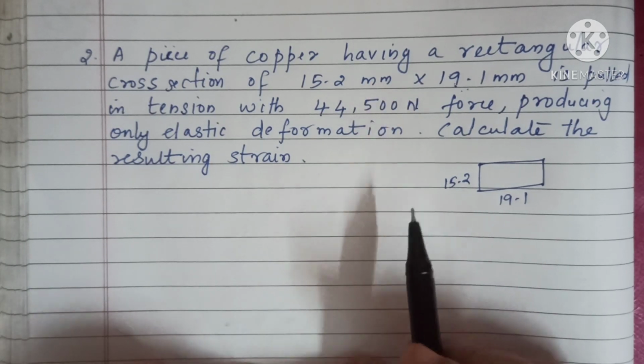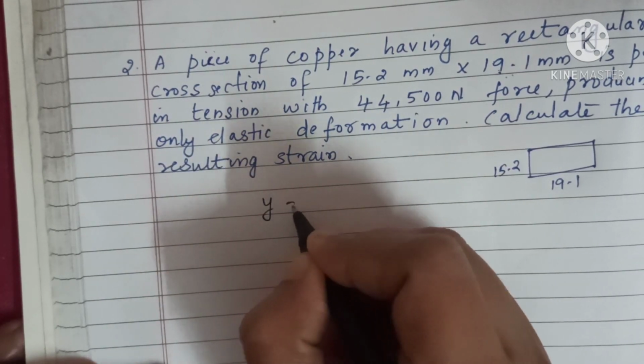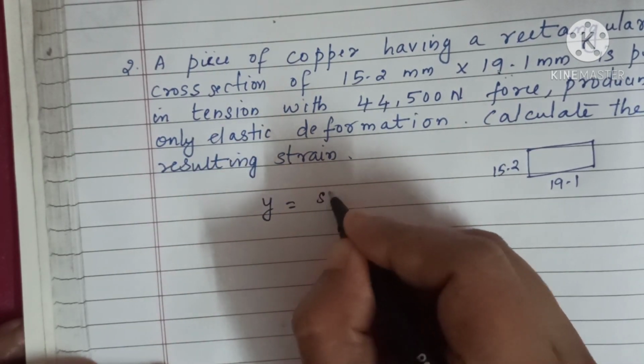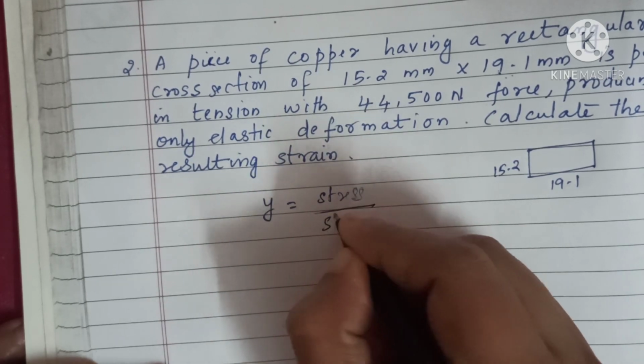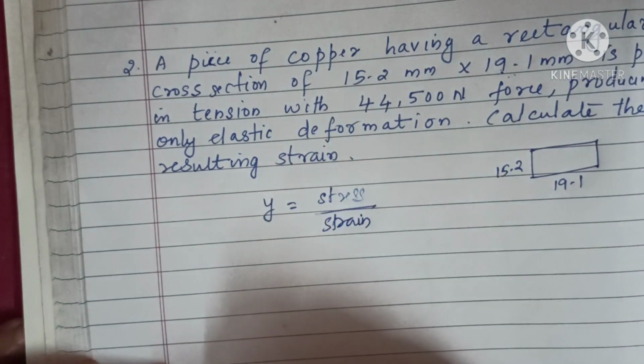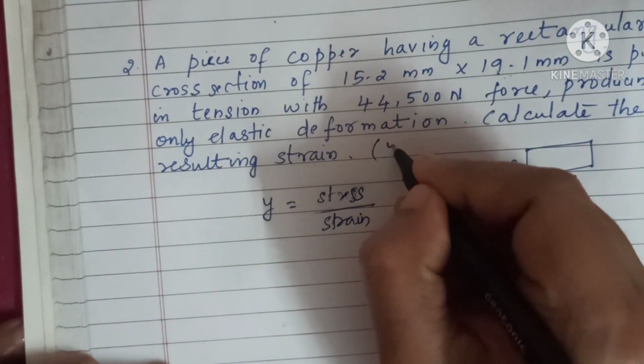So first we'll write the expression for Young's modulus, that is Young's modulus is equal to stress by strain. Also in this question the Young's modulus of the copper is given.